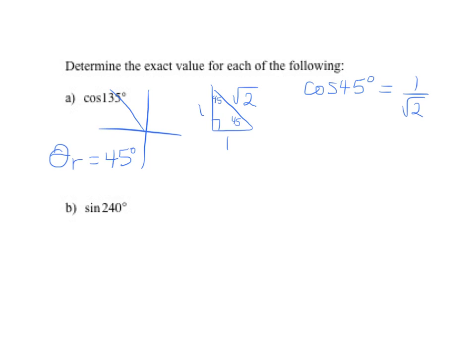Every angle has the same ratio for sine, cosine, and tangent as its reference angle, except that it could be positive or negative. But if the cosine of 45 is 1 over root 2, then the cosine of 135 is either 1 over root 2 or negative 1 over root 2. And we just need to then decide, is it going to be positive or negative?